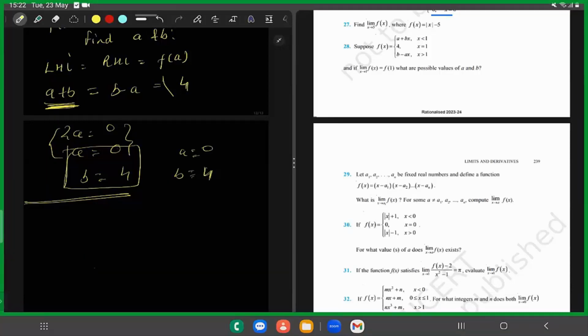So if you put x equal to a1, then the term x minus a1 equals 0, and if 0 is multiplied to the remaining expression, then the final result will also be equal to 0. Whereas if you put x equal to a, then the limit as x tends to a of f(x) is equal to (a minus a1)(a minus a2)..., so this is our answer, because we don't get any indeterminate form.